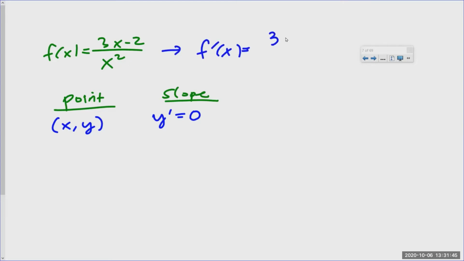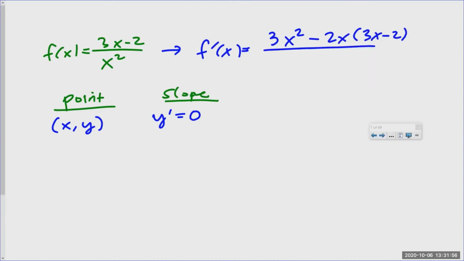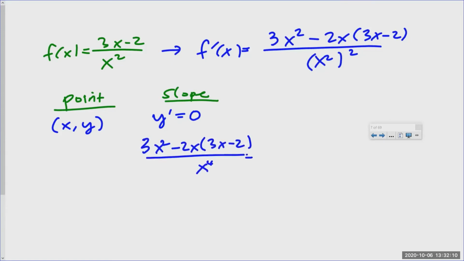Derivative of the first times the second minus derivative of the second times the first, all over x squared quantity squared. Okay, and that is the derivative. So I'm going to bring it down here. 3x squared minus 2x times 3x minus 2 over x to the fourth, really, right, is equal to 0.